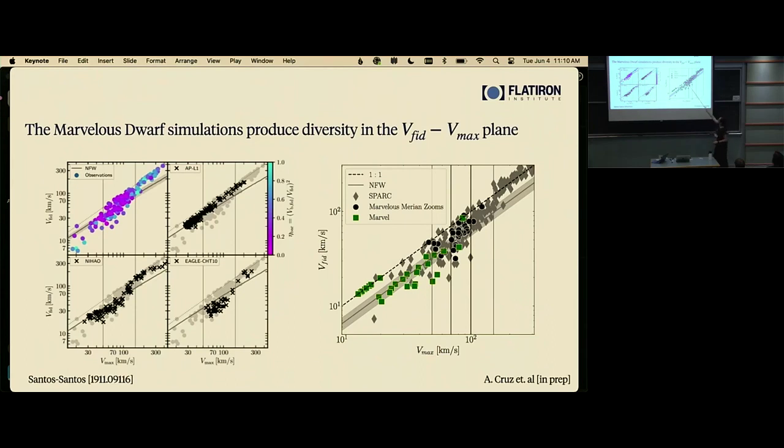We're producing both objects that are more slowly rising than NFW and also more steeply rising than NFW. So we started by really trying to simulate galaxies in 70 to 100 kilometers per second. And now we're trying to push down in Vmax to produce galaxies at lower Vmax or halo mass. But we are producing a nice spread compared to previous simulations, so both these compact and diffuse objects.